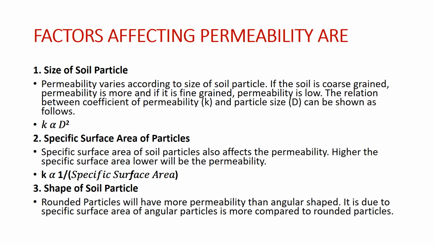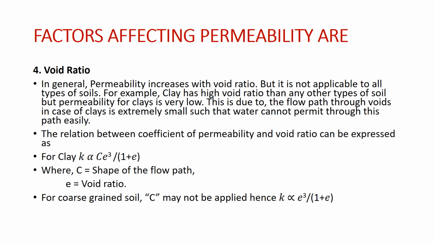Third is shape of soil particle. Rounded particles will have more permeability than angular shapes. It is due to the specific surface area of angular particles compared to rounded particles. Void ratio: if you see, then in general permeability increases with void ratio, but it is not applicable to all types of soil like clays.